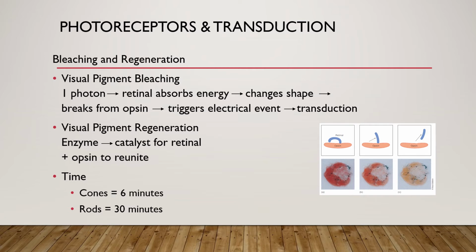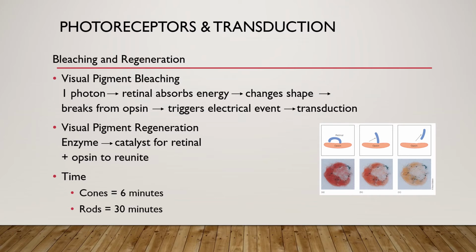So right now, with the retinal broken off and this isomerization process having occurred, those photoreceptors cannot be used again until they regenerate and they go back to the position in A where the retinal is attached and bent over. So we have to go through this visual pigment regeneration.